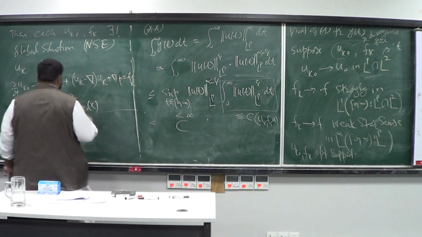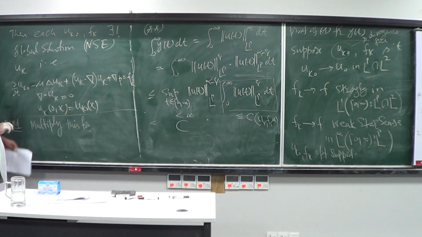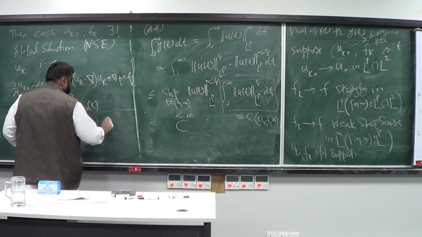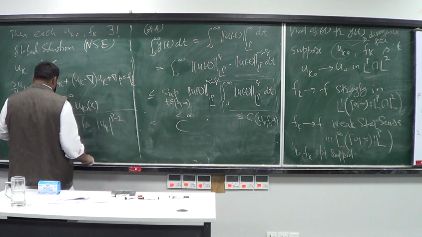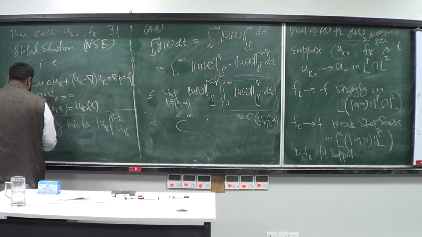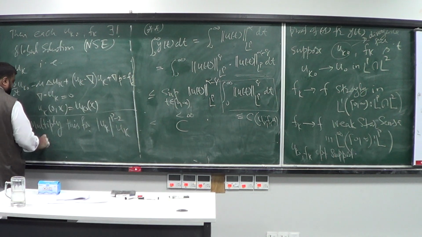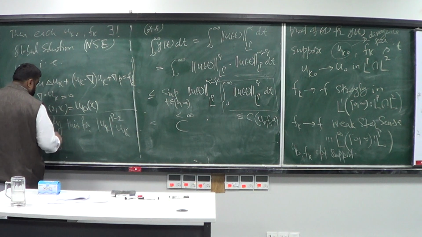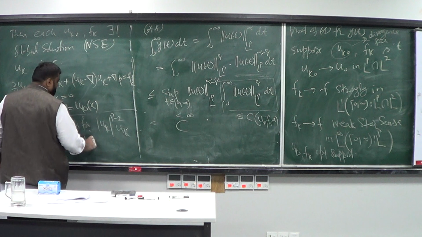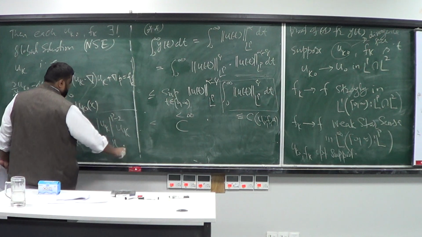So multiply the above equation with U_k to the power p minus 2 times U_k, and integrate with respect to x.